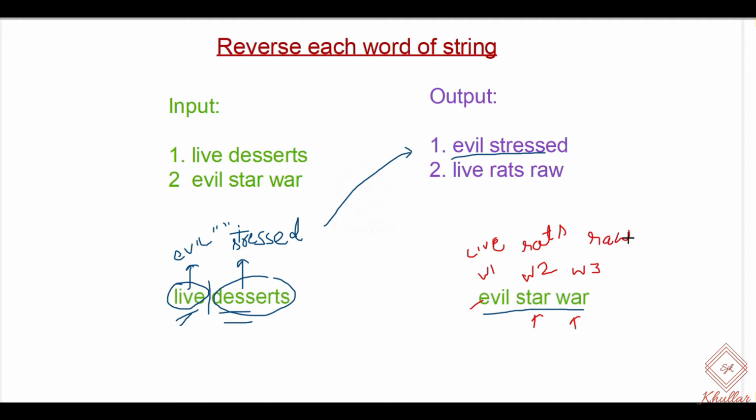Now if we join these strings together using space separation, then it will give us the result which we are looking for. It is a pretty straightforward idea: we split the string on the basis of a space character, then we reverse each string, and then we join them together. That will give us the result.